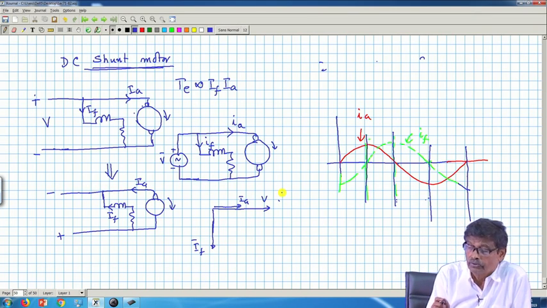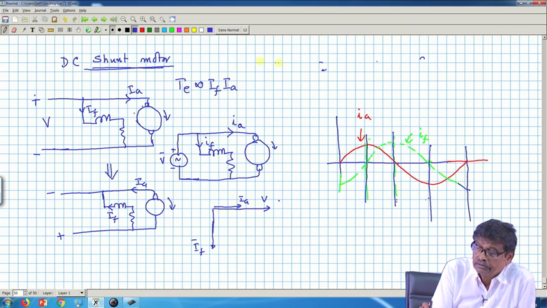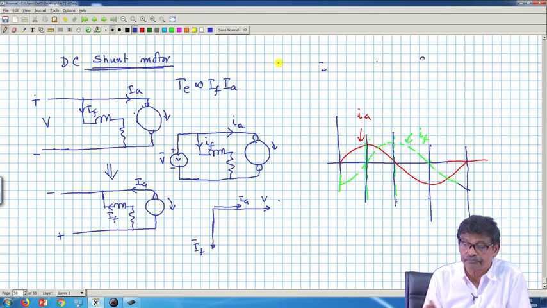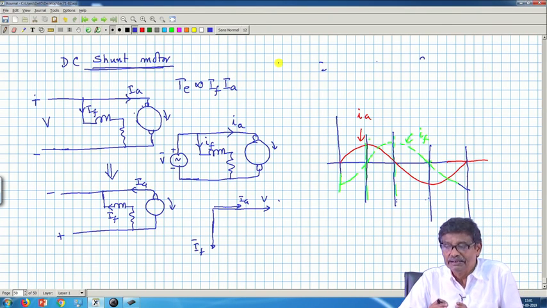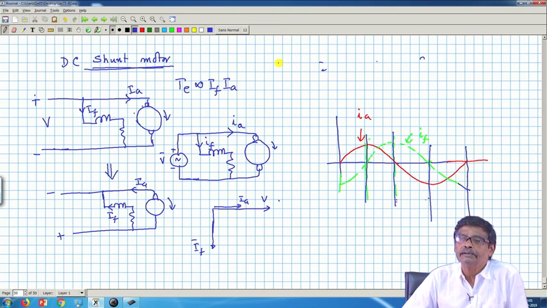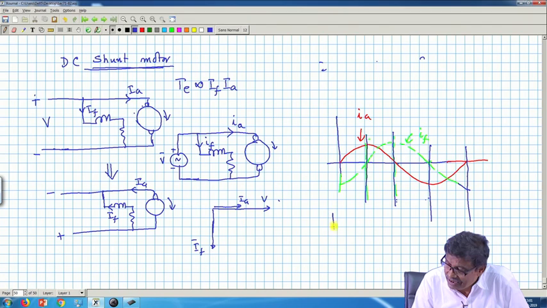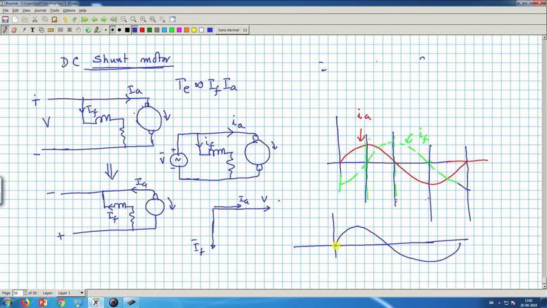So, a shunt motor will never work with AC supply, out of the question, because of IF and IA. Therefore, it is essential that if a DC motor works from an AC supply, then IF and IA must be in the same time phase. Suppose this is your IF and this is your IA, in the same time phase.